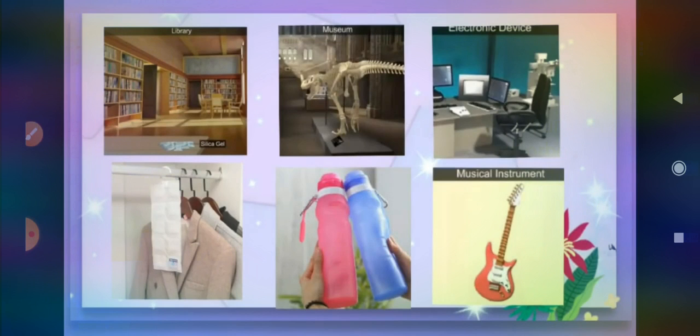It can be used in museums and in some electronic devices to prevent the spoilage of electronic devices and musical instruments. We can find silica gel in bottles and some containers, and even silica gel packets are used in almirahs to control the humidity so that the clothes will not get spoiled.